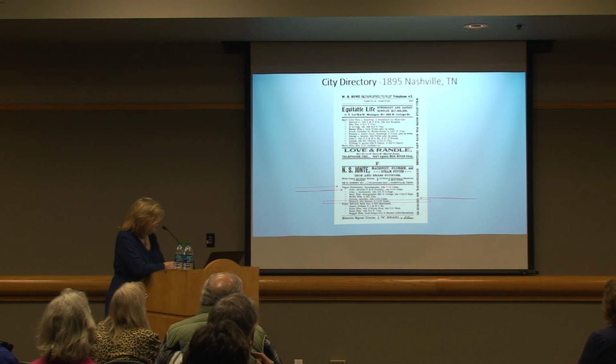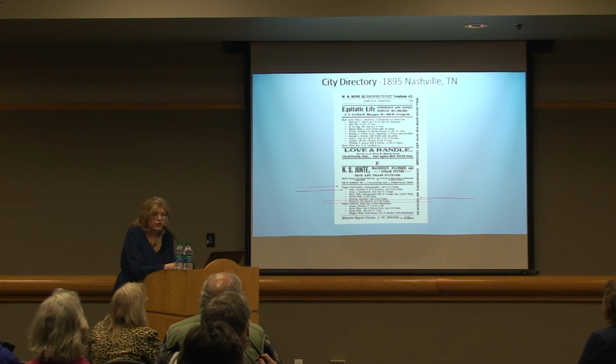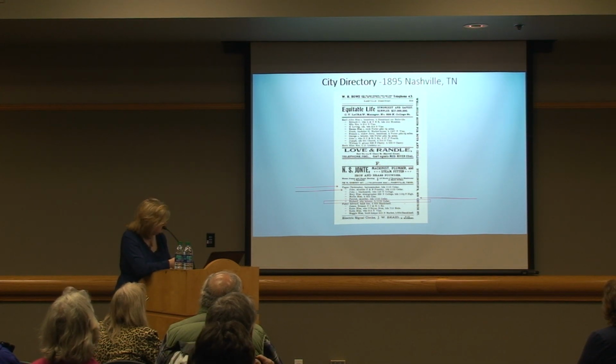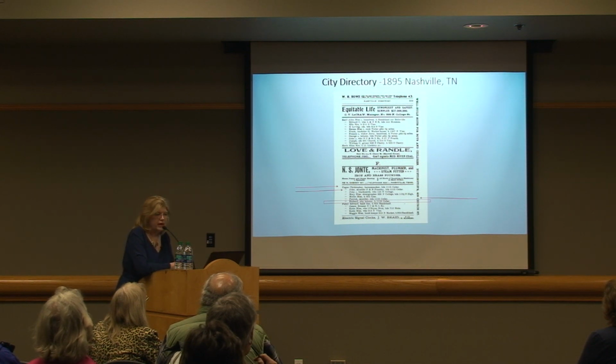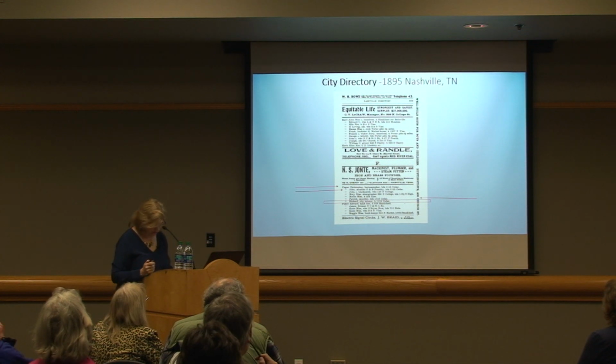But also living at that same address is a Christopher Fagan, who's a harness maker, a John Fagan, who's a molder, and a Patrick Fagan, who's also a molder. Those three men are Richard's sons. He's listed as having the house, and they are listed as boarding there. So you can use city directories to create a family relationship.